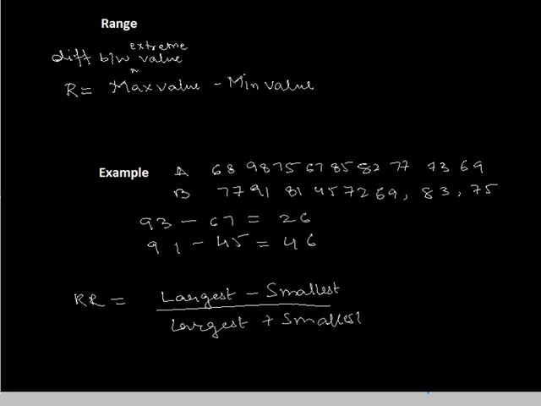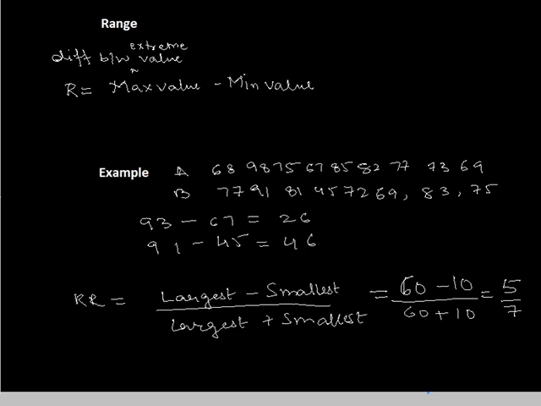So if your interval starts from 10 and goes on to 60, like 10 to 20 is one interval, 20 to 30 is another, and so on and so forth, your largest is 60, minimum is 10, upon largest plus smallest. So that will give you 5 by 7. That is almost 71% of dispersion. So that's what we mean by range.